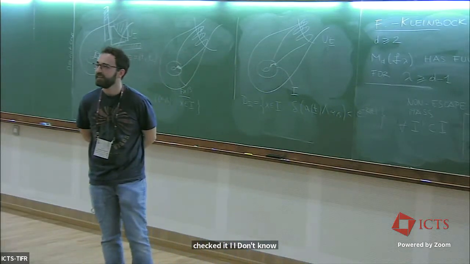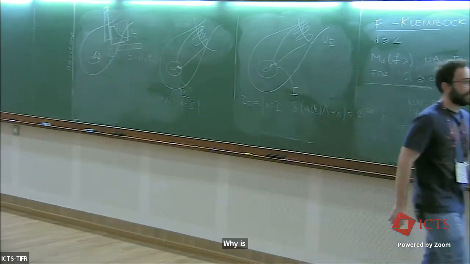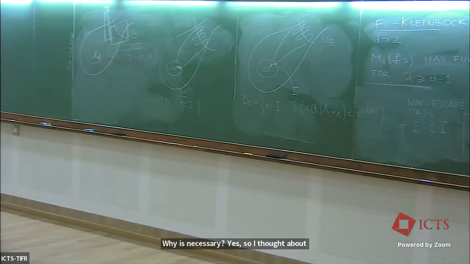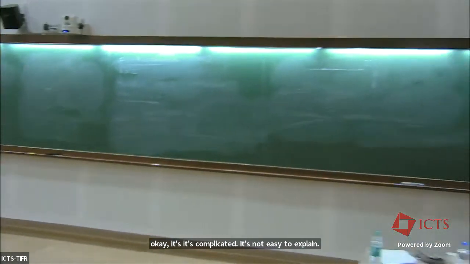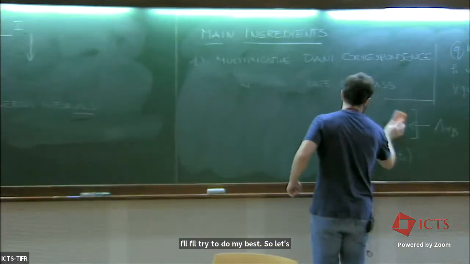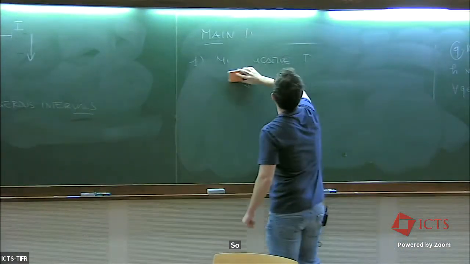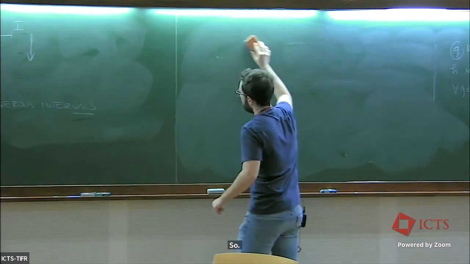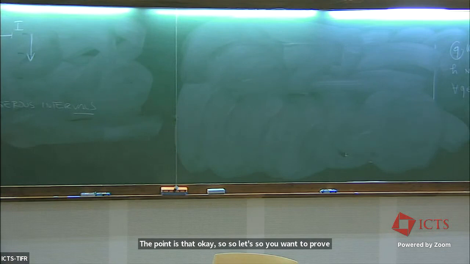Do you have some intuition about the log-log factor? Why is it necessary? Yes, so I thought about it quite a while, and okay, it's complicated. It's not easy to explain. I'll try to do my best. So the point is that you want to prove something like this.